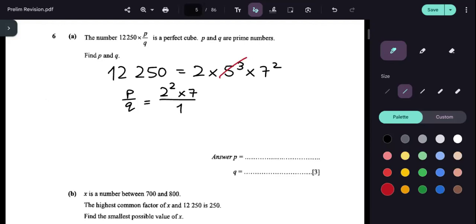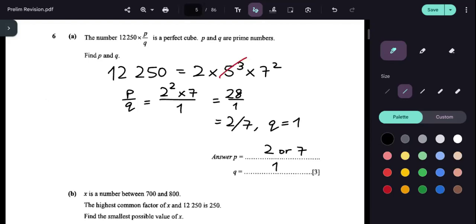What do we do? We times 7 once and we times 2 twice. So it will be 28 over 1, which can be 2 or 7 for P, and Q must be 1, 2 or 7. So it can be either.